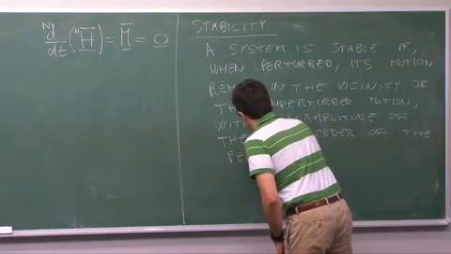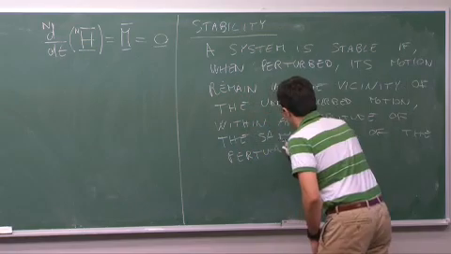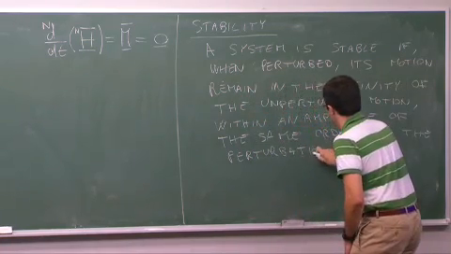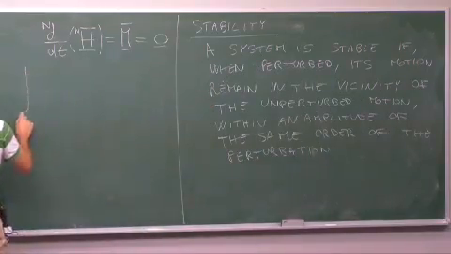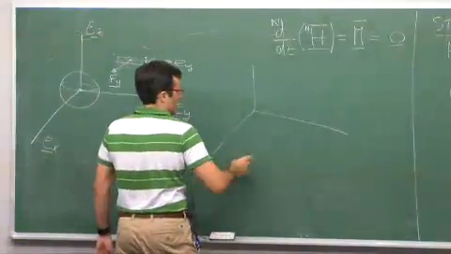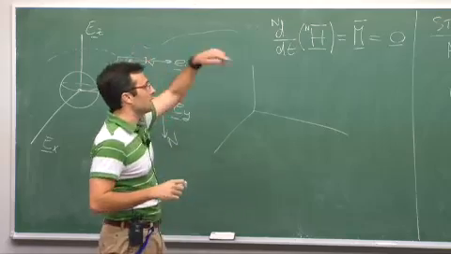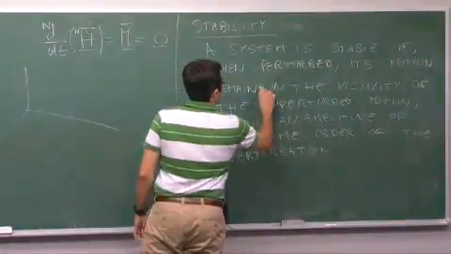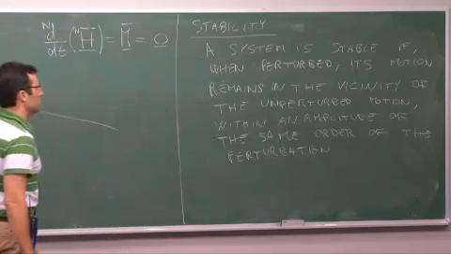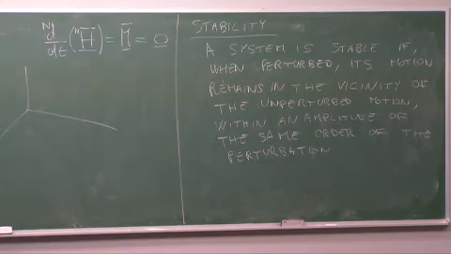Does it make sense? You can say no. So if I think about this in terms of a three-dimensional trajectory, for example, a system is stable if, when perturbed, its motion remains in the vicinity of the unperturbed motion within an amplitude of the same order of the perturbation.